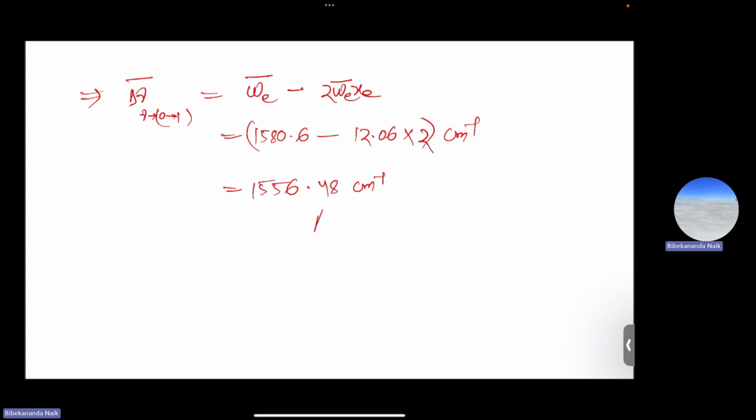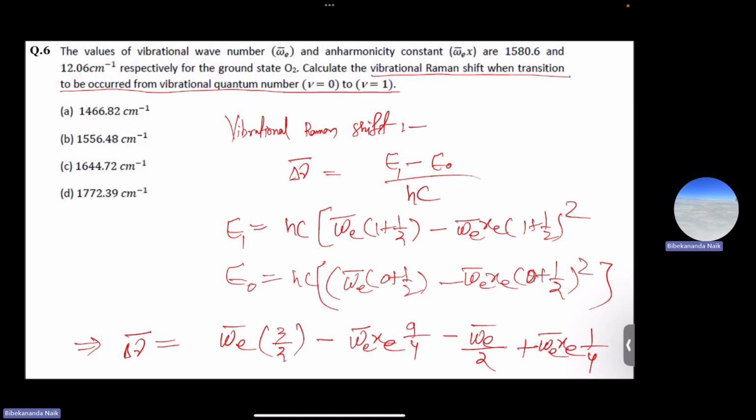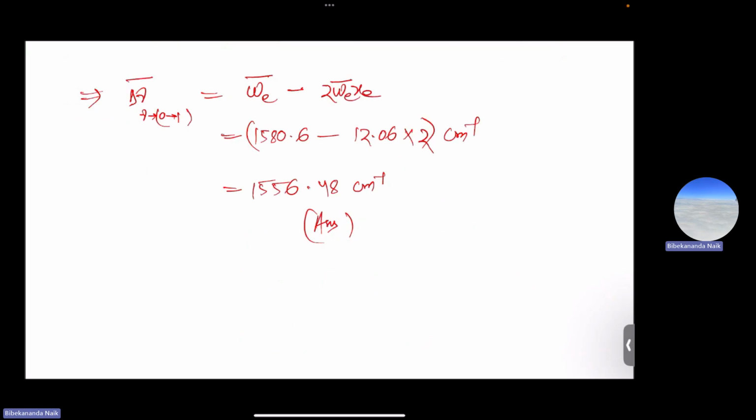So this is the answer, and if you see the options, the correct answer is option B. This question was to find the vibrational Raman shift between two levels, where the vibrational wave number and the anharmonic constant were given, and the two levels v equal to 0 to v equal to 1 were also given. Putting in all the given values, you get the Raman shift as 1556.48 centimeter inverse.